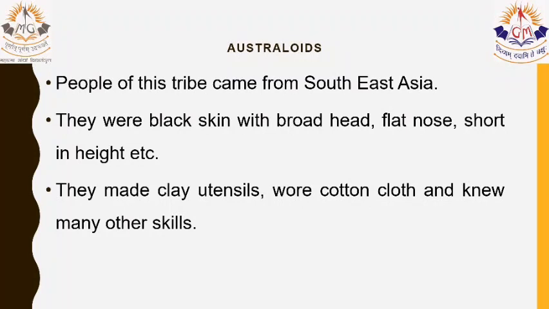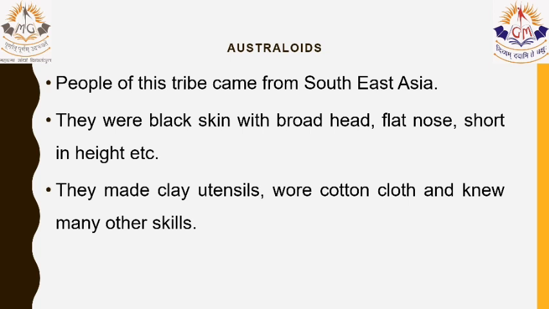The next foreign tribe to come to India is the Australoid tribe, or simply they were called Australoids. People of this tribe came from Southeast Asia. Now Southeast Asia means towards the Far East on the southern side. So Malaysia and the countries beyond that are considered among Southeast Asia.